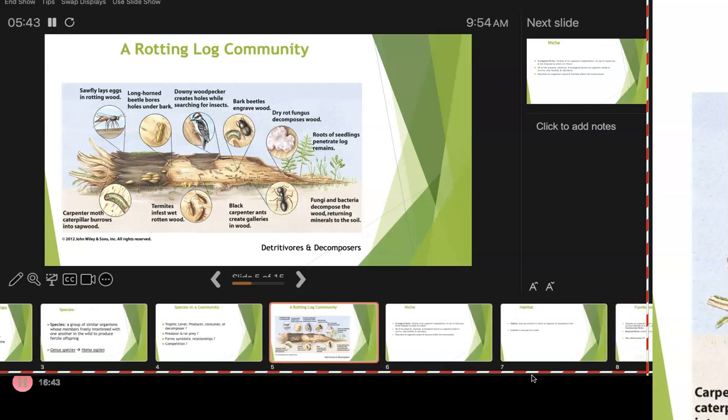Speaking of ecosystems, here's one. The rotting log ecosystem, or the rotting log community. Never really think about that. You're walking along in the woods, you mindlessly kick it out of the way. Some of you actively roll it over to look for roly-polies or maybe a newt.